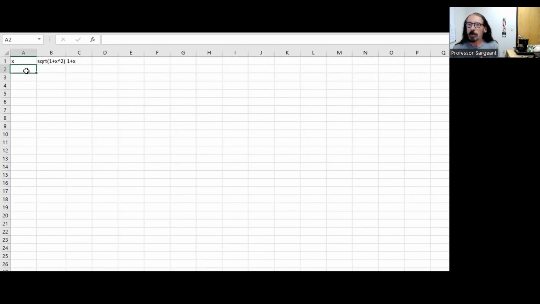All right, and let's put in some values for x. And we want the square root of 1 plus x squared, where, according to the order of operations, we do the squaring first, then add 1, and then take the square root.